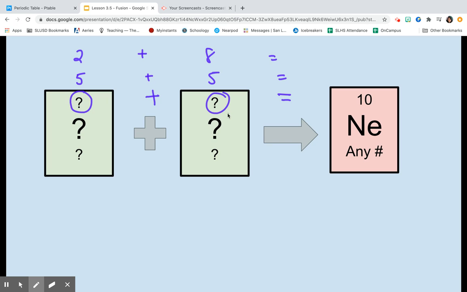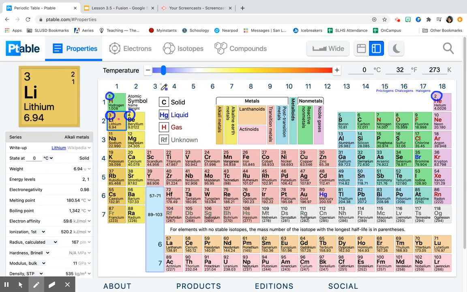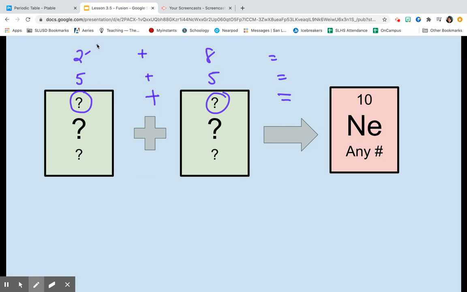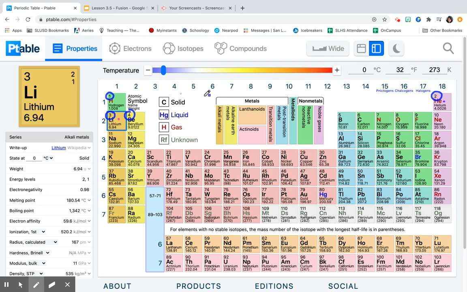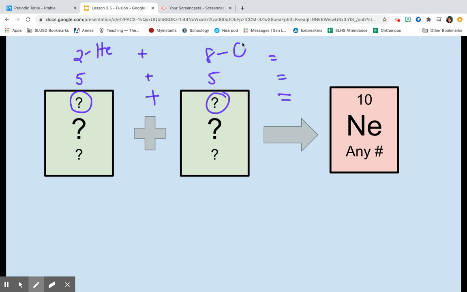So all my elements can be different, right? If I have 2 protons, looking at the periodic table, this is going to be helium, with top number 2, He. If I add helium with 8 protons, which one has 8 protons? This one has a top number of 8, so 8 protons is oxygen, or O. Helium plus oxygen will give me neon.